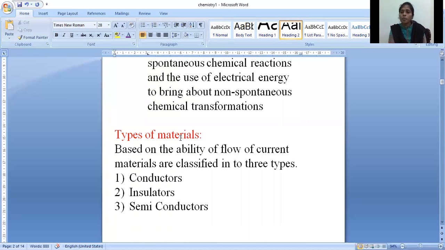Now let us see the basic concept of electrochemistry, types of materials. Before going to the types of materials, we know that not every substance or material passes electricity. Few materials pass electricity, few materials do not pass electricity, and some materials pass electricity partially.